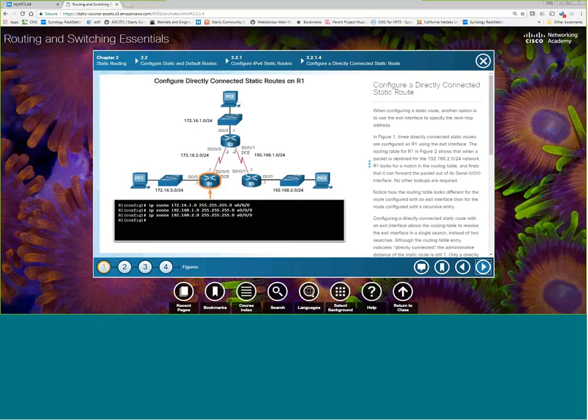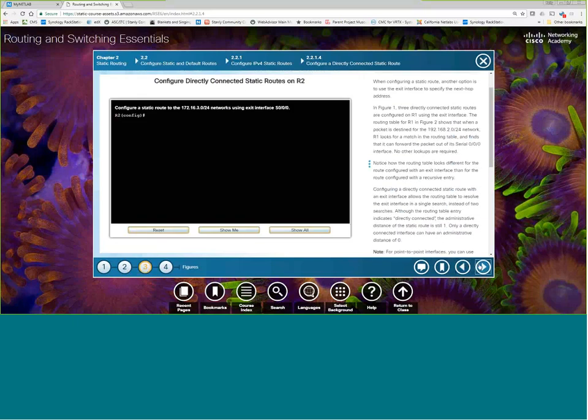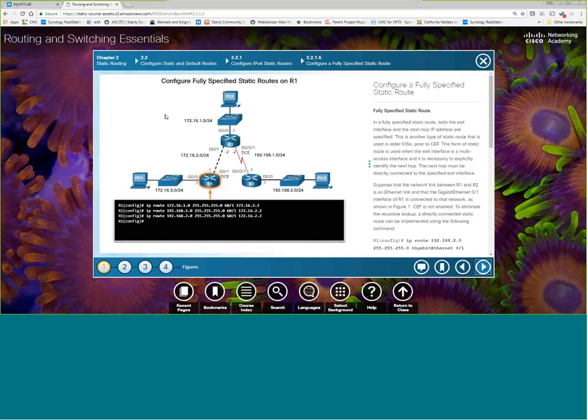Here's directly connected: you do the network, the mask, and then just the outgoing interface. Then you'll see it's a single lookup in the route table. You don't have to run back up and do a recursive lookup. And then fully specified, if this is Ethernet, you say outgoing interface plus next hop IP, and this helps with your ARP requests and other problems.